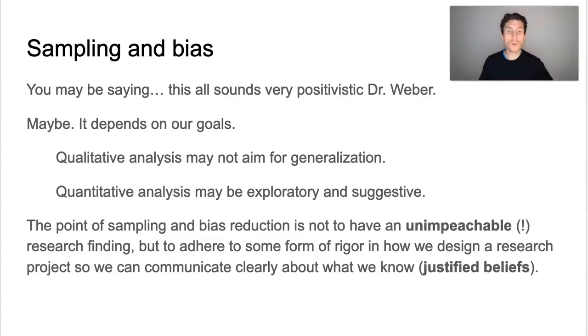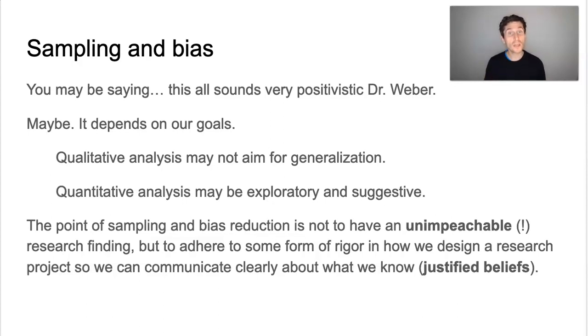But the point that I want to make here is that sampling is really about the reduction of bias so that we can have healthy, trustworthy research findings. And we're doing this so that we can justify some of the beliefs that we have about what we actually ultimately find in our research, right? So let's tie this back real quick to the idea of epistemology. In epistemology, we said that knowledge comes from true justified beliefs, right?